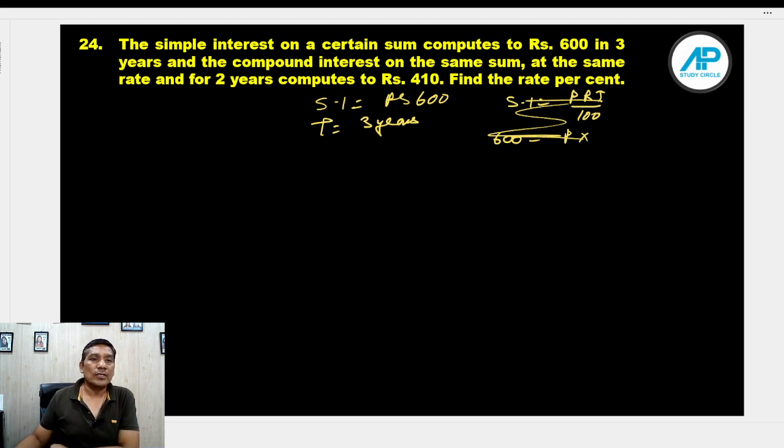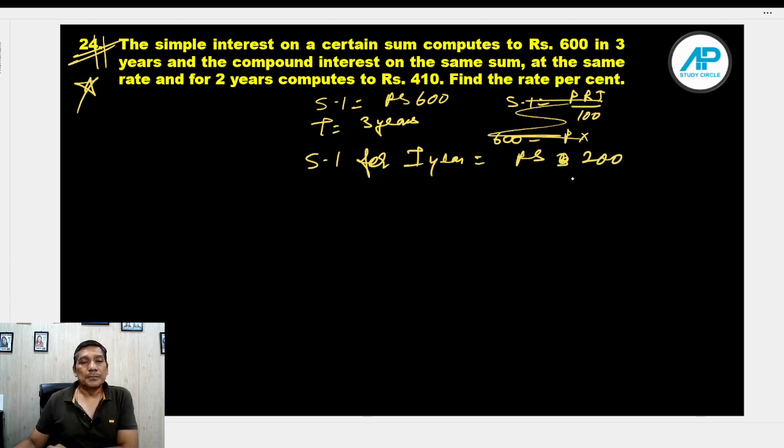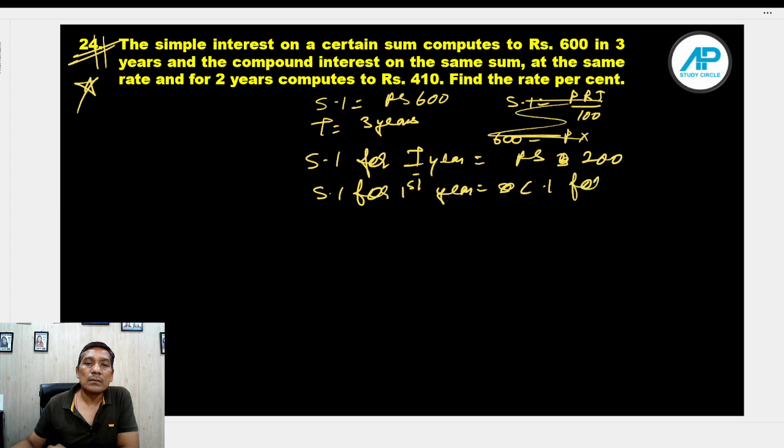So if it is for 3 years, it's a very good question, an important question also. So SI for first year is rupees 200. Now always remember, SI for first year equals compound interest for first year, which is rupees 200.